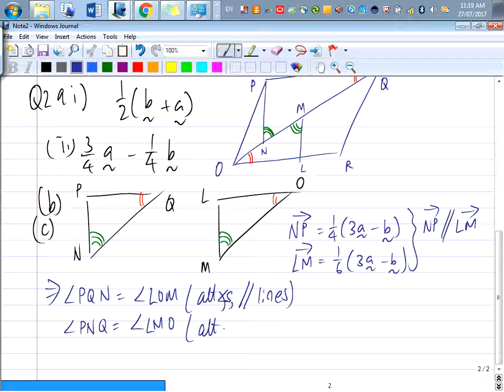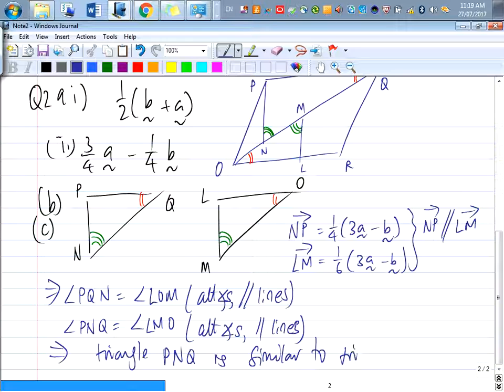Again, alternate angles, parallel lines. So we just conclude. Triangle PNQ is similar to triangle LMO.